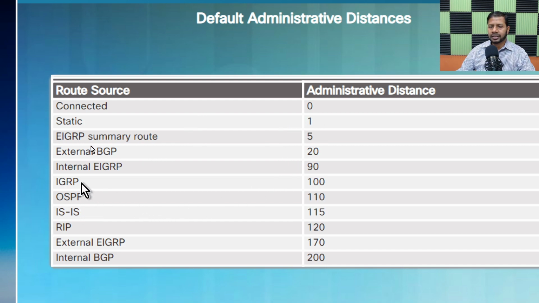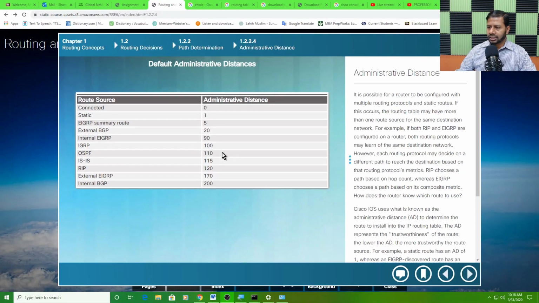If it is learned by EIGRP, then the administrative distance is 90. If it is by RIP, 120. OSPF will be 110. These ones I definitely wanted to learn, as I mentioned at the end of my part 1 video. So let's move on from here.